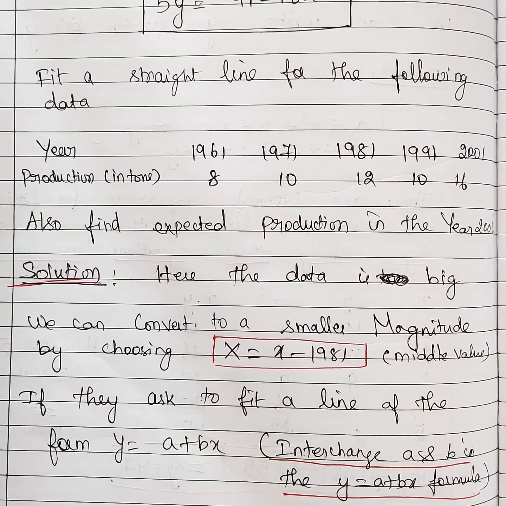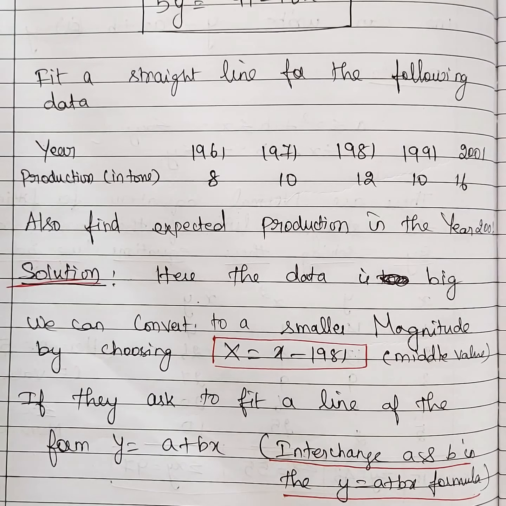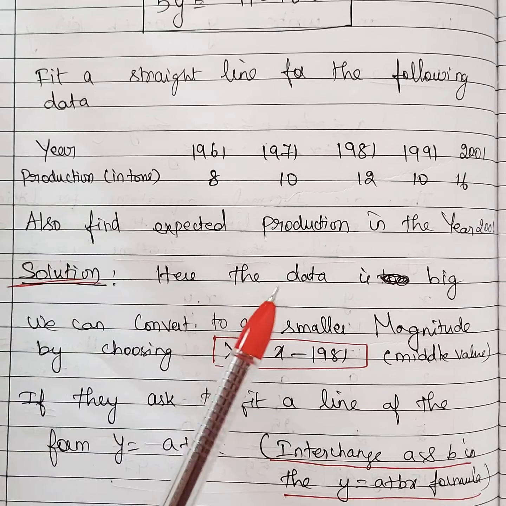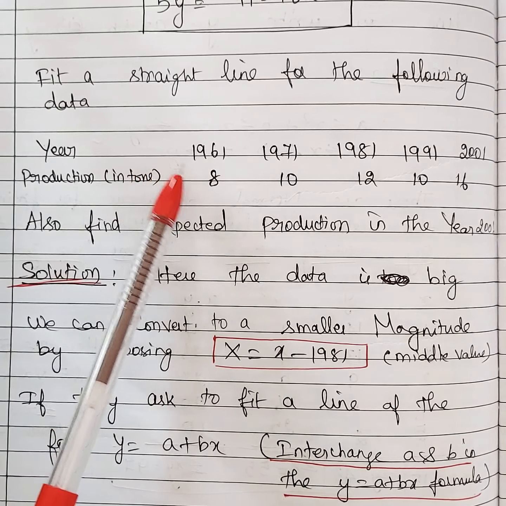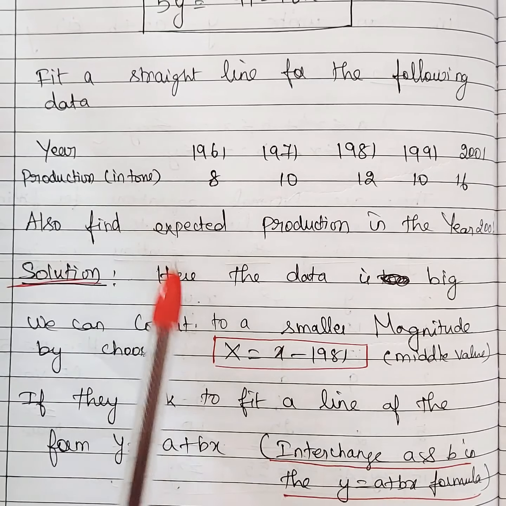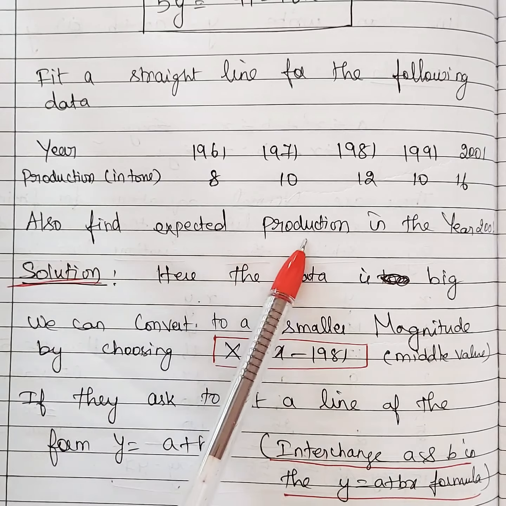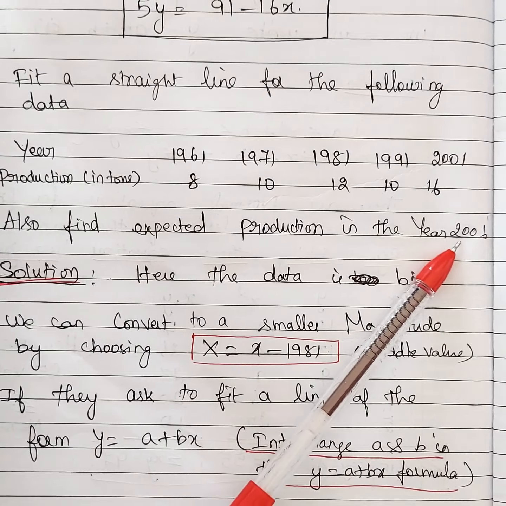So see this problem: fit a straight line for the following data. They have given year and the production, and if you see, the data is too huge. You can solve it as it is, or you can simplify. In this problem they have given the years and the production in tons. Now you have to find the expected production in the year 2006.